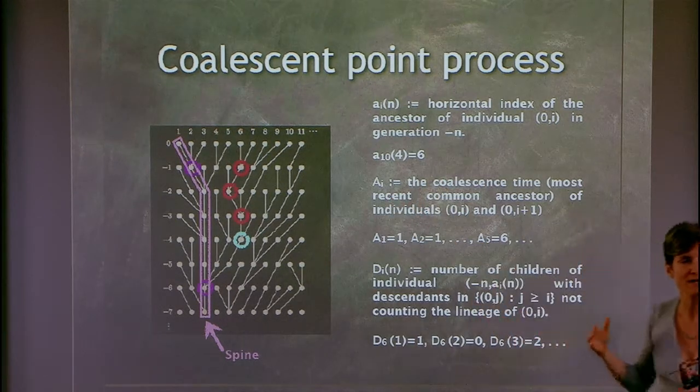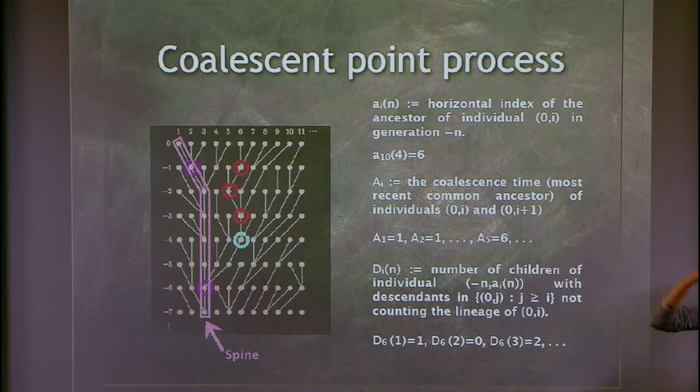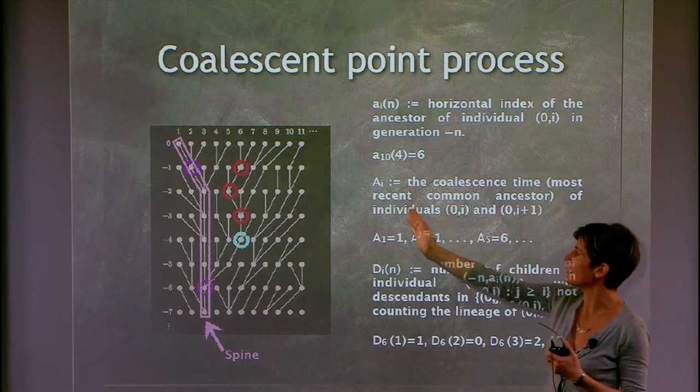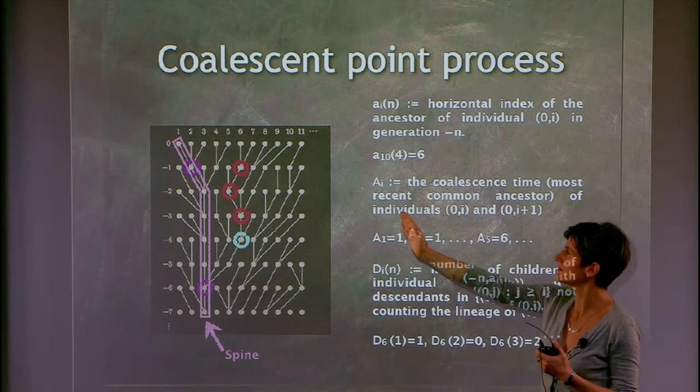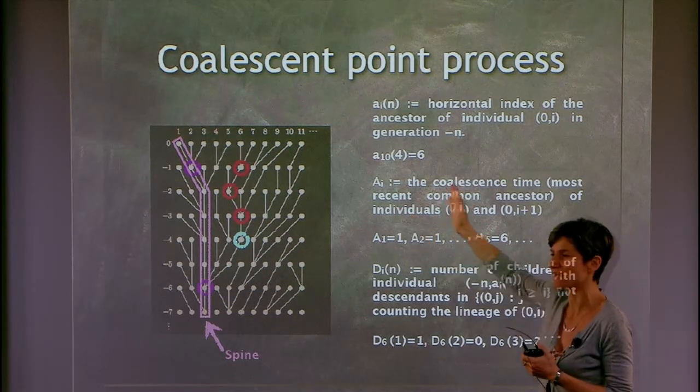In some sense, it's not the usual coalescent picture where I have a certain number of types and then I'm coalescing down, running a Markov process backwards in time vertically. Here you're running things horizontally.